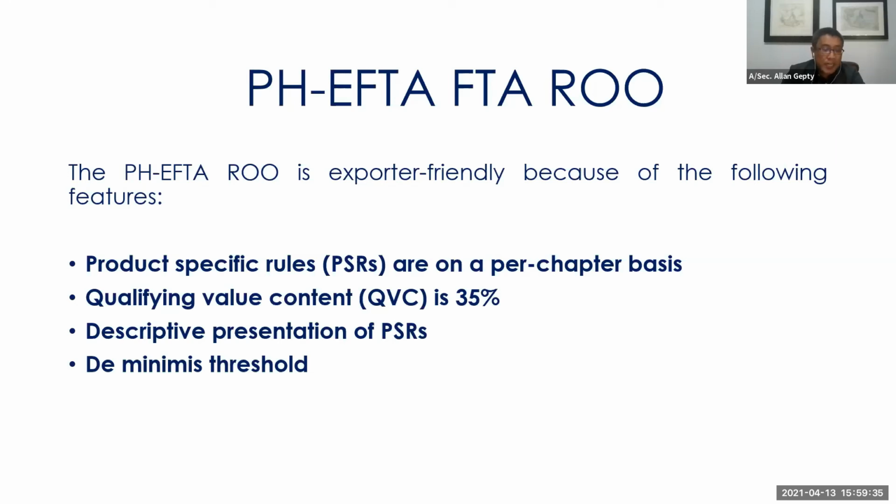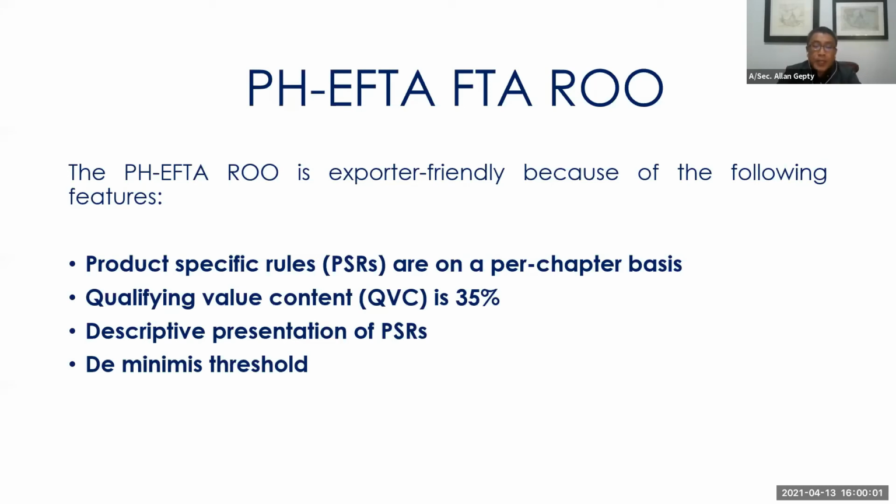And most importantly, we observe what you call the de minimis threshold, meaning goods that do not meet the required change in tariff classification may still qualify for preferential treatment if the value of all non-originating materials that did not meet the required change in tariff classification does not exceed 20% of the ex-works price of the goods.